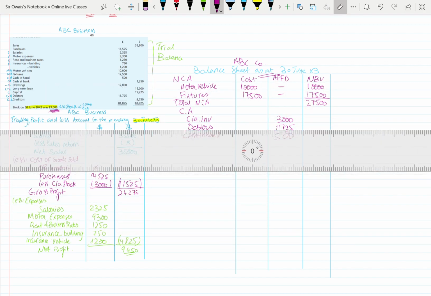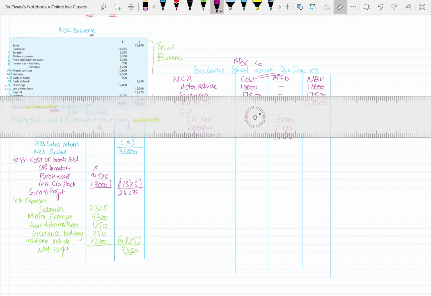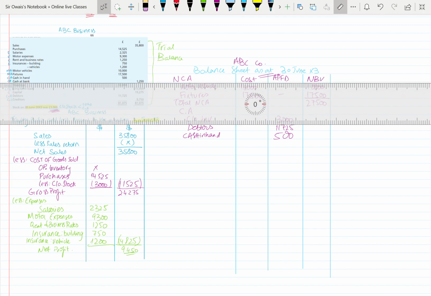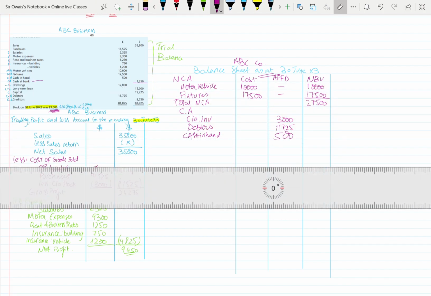And cash at bank, the most important thing, listen, the cash at bank is given on the credit side. That means this is a bank overdraft. So this would be considered as a current liability.